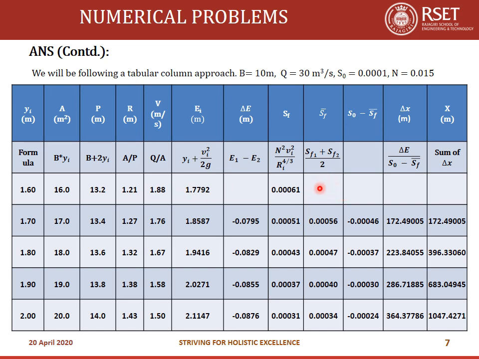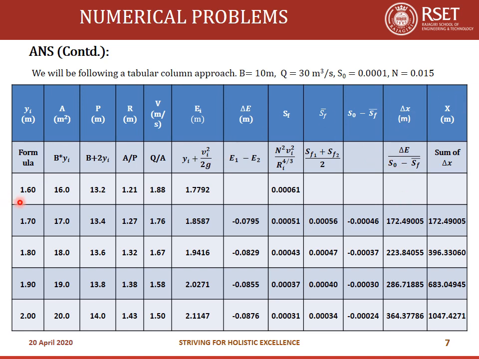You will be able to average it only after you get two different depths, so SF bar starts from this row onwards. S0 minus SF bar, since SF bar starts from here, also starts from this row. Delta X is given by delta E divided by S0 minus SF bar.